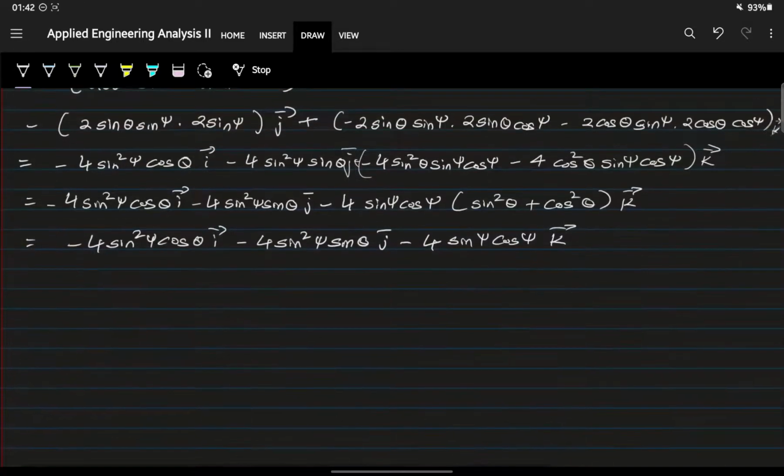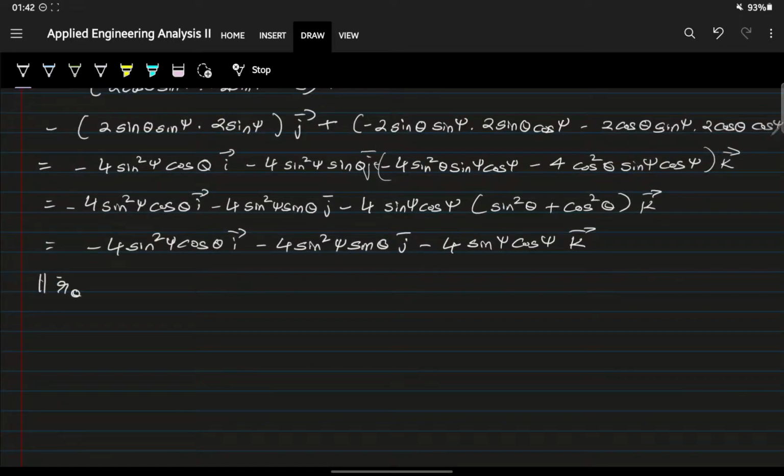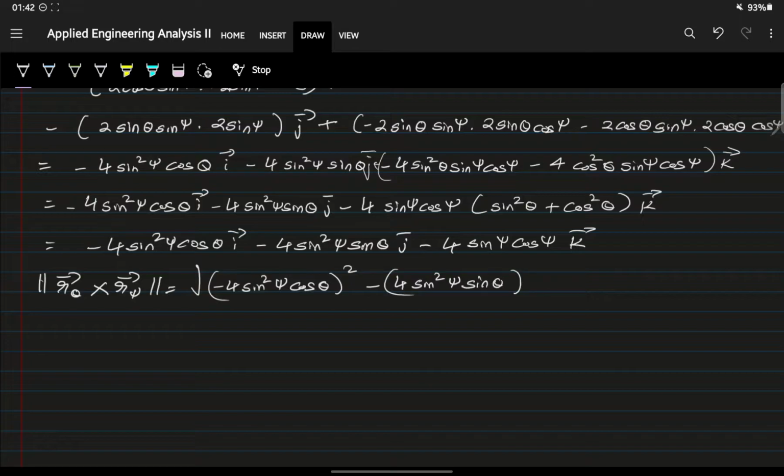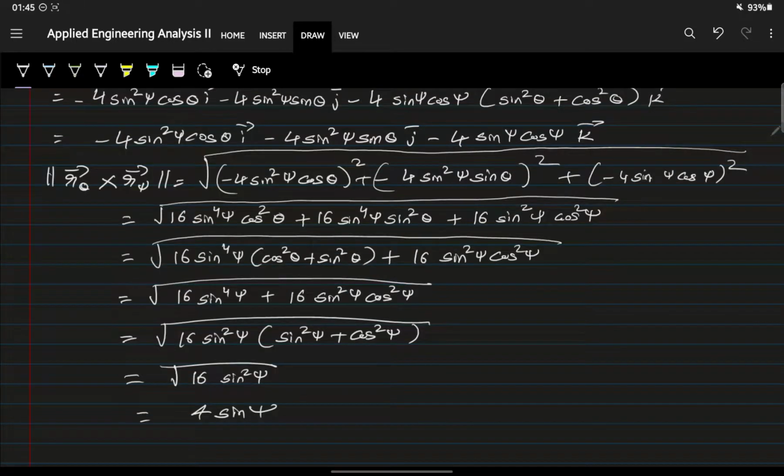We have the cross product, and now the magnitude of our cross product, by taking the coefficients of i, j and k, applying the square and then expanding it from here.